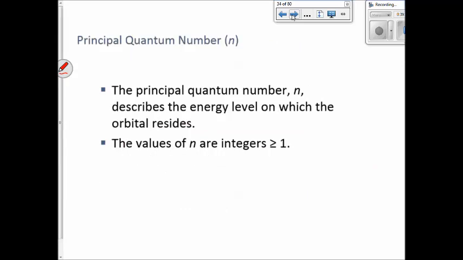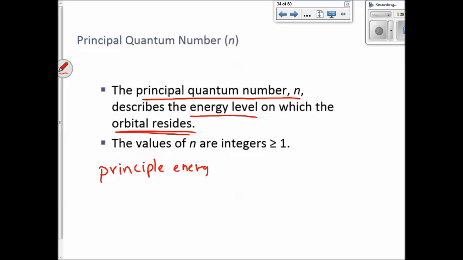Principal quantum number n. Everybody knows quantum number n? When we say principal energy level, we're talking about where the orbital resides. What do you use to figure out the principal energy levels?